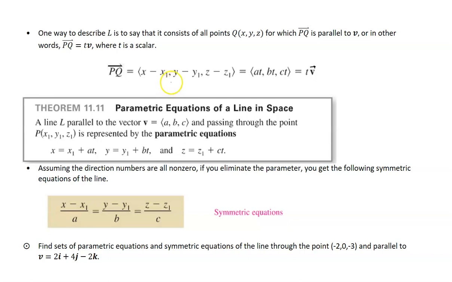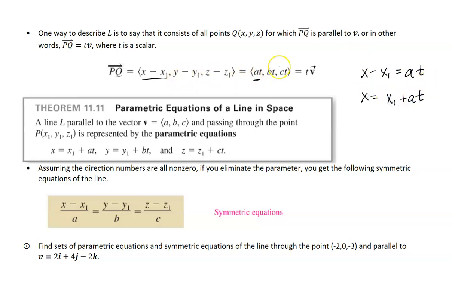Coming from this, if you think of each of these components being equal to each other, because that's the convention of a vector, if two vectors are equal, their components are equal. This would mean that x minus x1 is equal to at, or you could write x as x1 plus at.